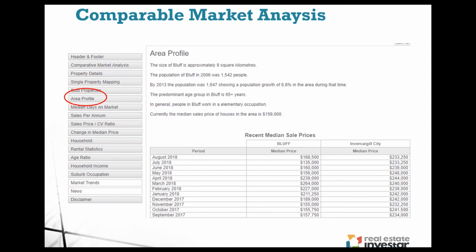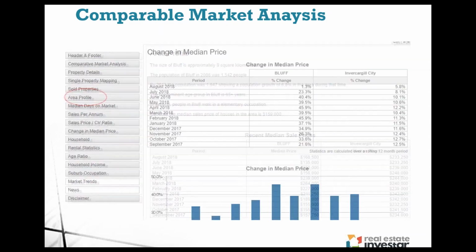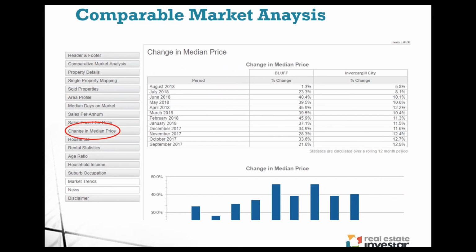Now, the current median sale house price in the area, it's got 159. When we talked about median sales prices, remember, that's all bedroom counts and all dwellings. It's not the particular one we're looking at the moment. Okay, so the change in median price. This is what I was talking to you guys about before, where I put in my calculations at 5%.